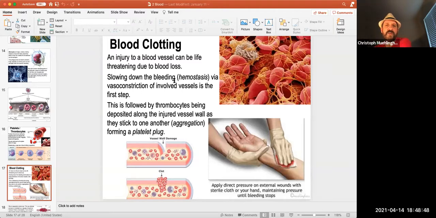First, when you cut yourself and bleed, we want to slow down the bleeding by vasoconstricting the vessels that go to that area. We call that hemostasis. The second thing is the thrombocytes come out. Thrombocytes are platelets, and they get deposited along the vessel wall and stick to one another. They create what we call a platelet plug.